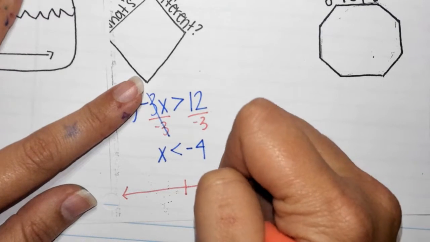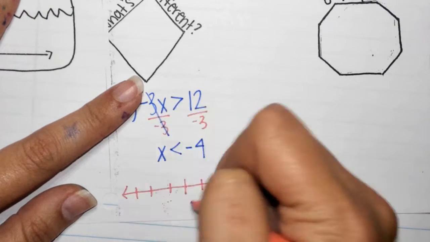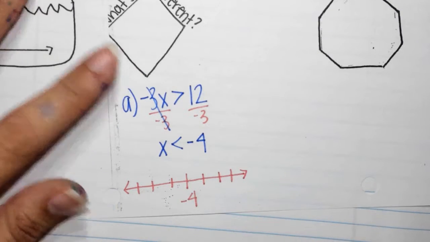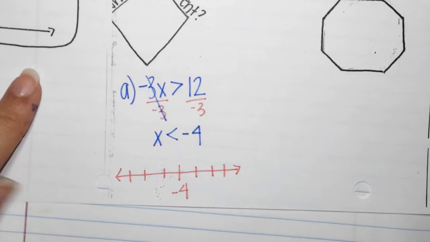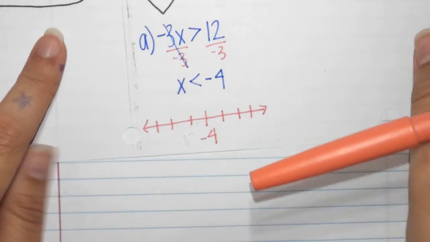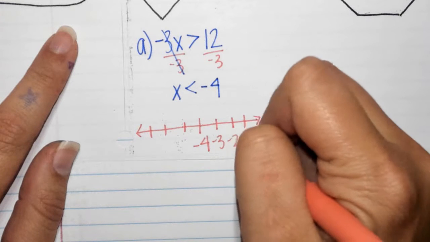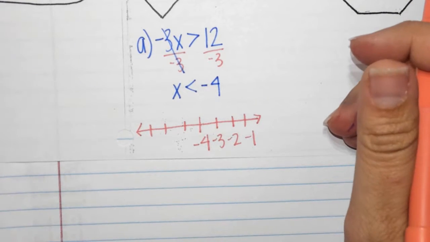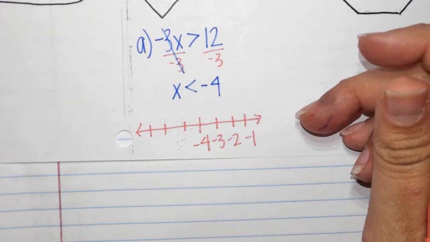So where is negative 4 going to go on my number line? In the middle. Mark, what numbers go to the right of negative 4? Alan, what numbers go to the left of negative 4?